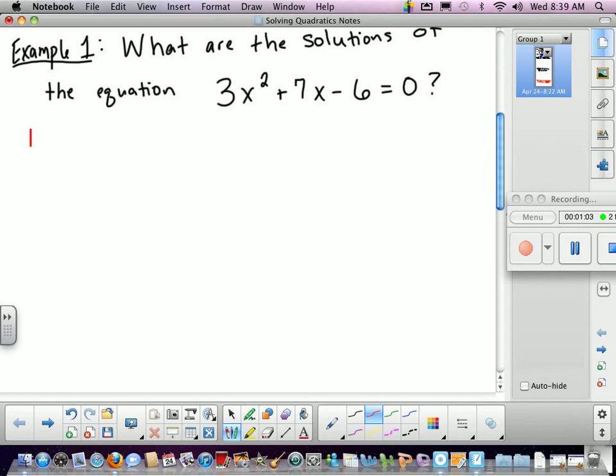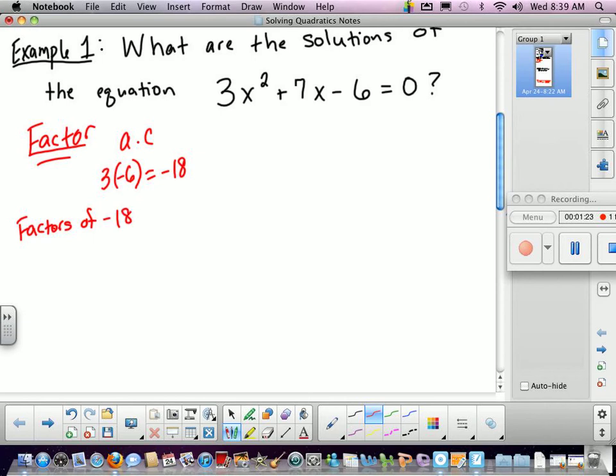In order to factor, I'm going to do a times c. A times c in this case is 3 times negative 6, which is negative 18. Then we're going to look for the factors of negative 18.